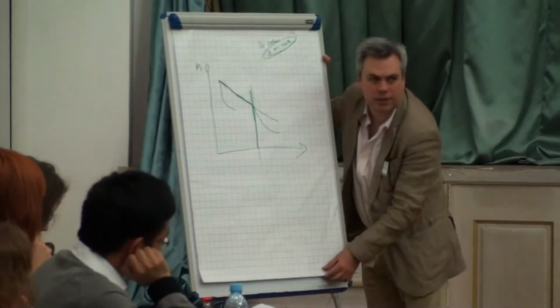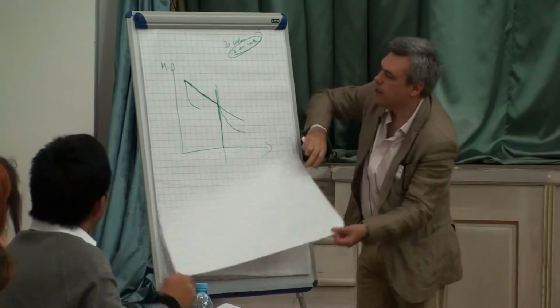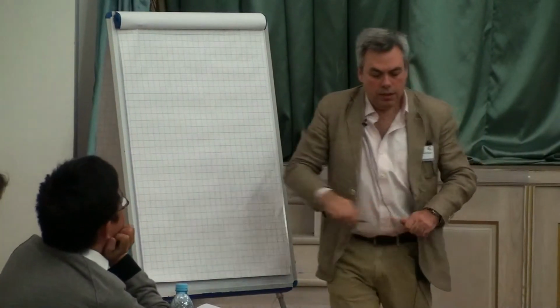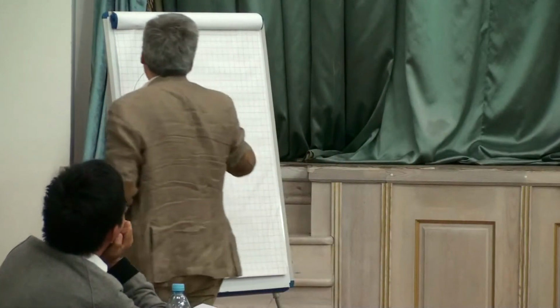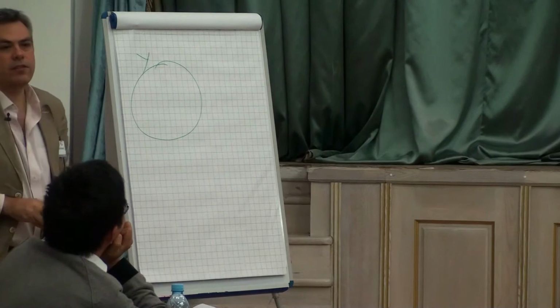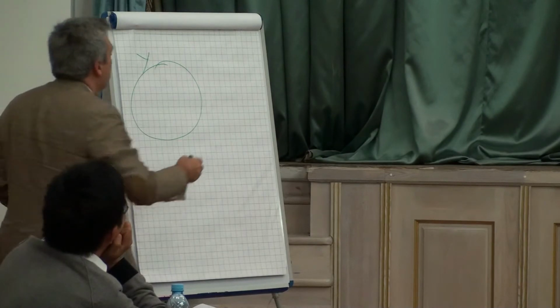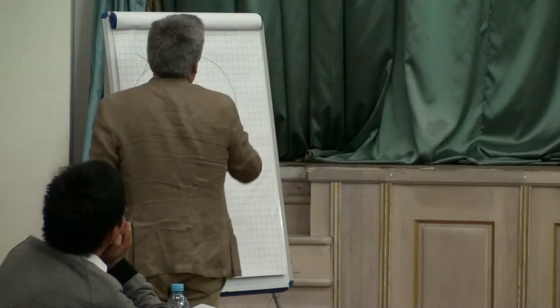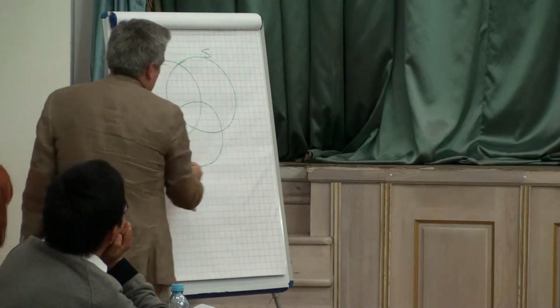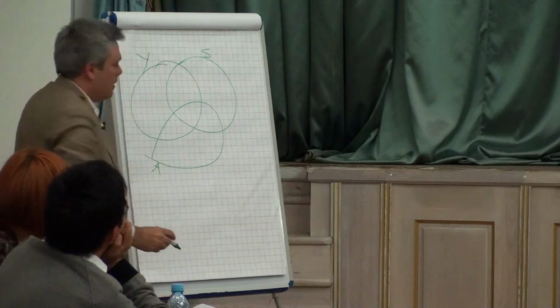Okay? So everyone sees this, right? Think of this as the variability of Y. That's the variability of Y, the dependent variable. This is the variability of S. And this is the variability of ability.